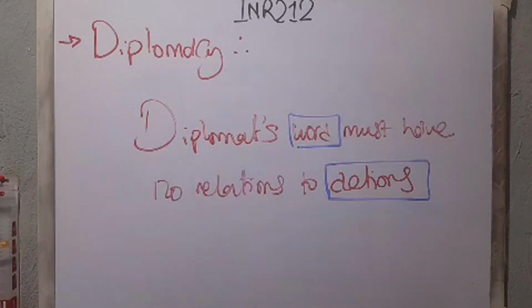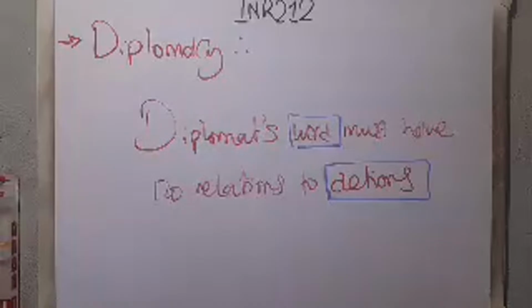Now, speaking of which, diplomacy is the totality of the strategies through which an independent state relates to another state and other international organizations. Now, continuing, diplomacy on an international level is whereby states relate with each other.